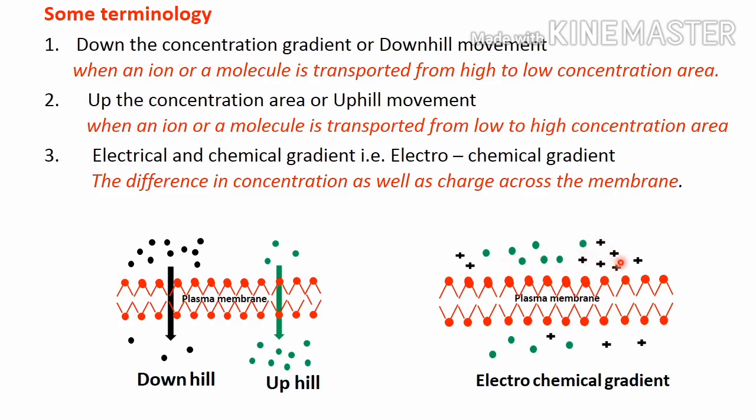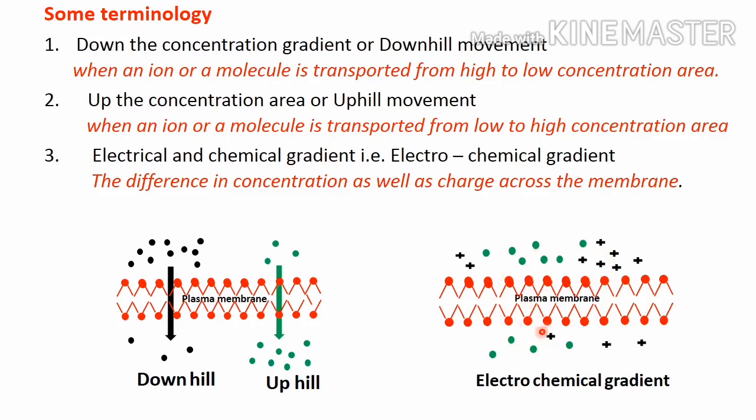Beside this, there are more positive charges at one plane, and at the other plane the solute concentration as well as charge is low in amount. So this represents an electrochemical gradient, that is, an electrical as well as chemical gradient, meaning there is a charge difference across the membrane as well as a chemical concentration difference of the molecule across the membrane.